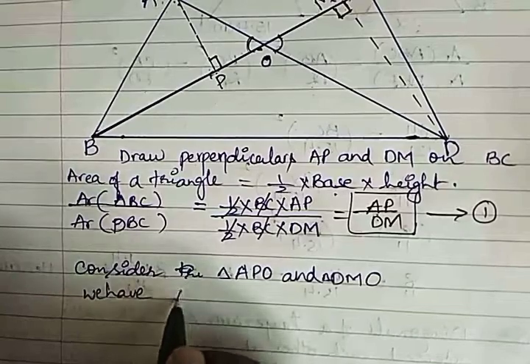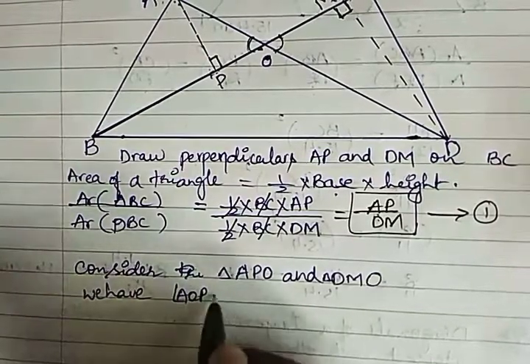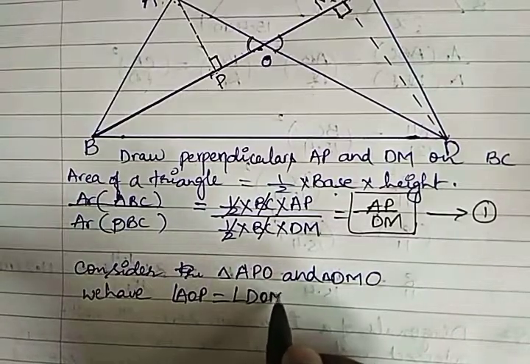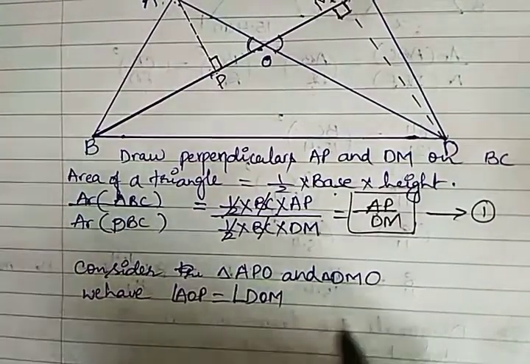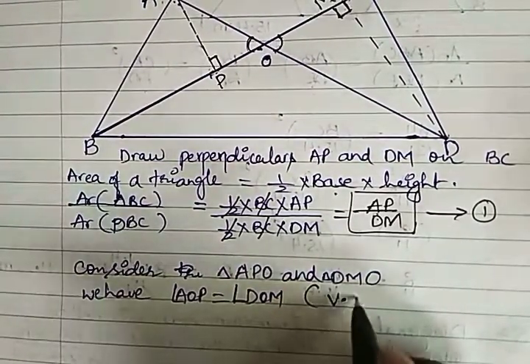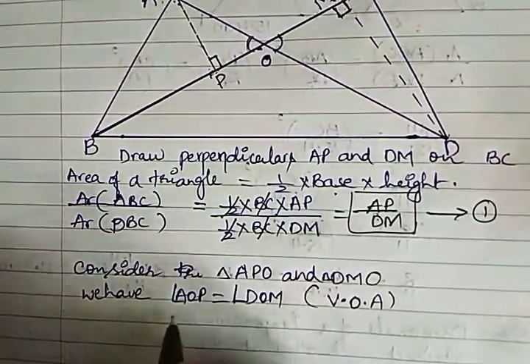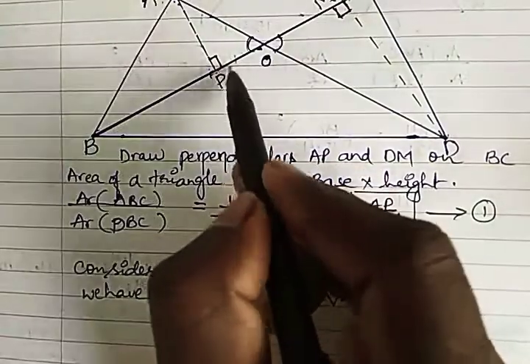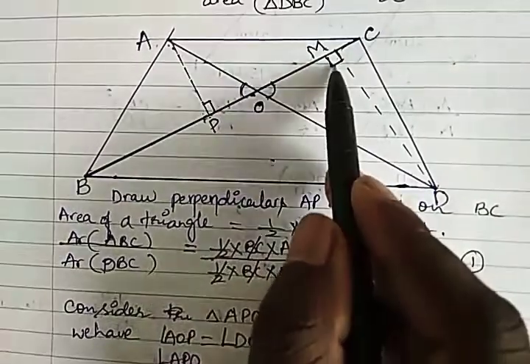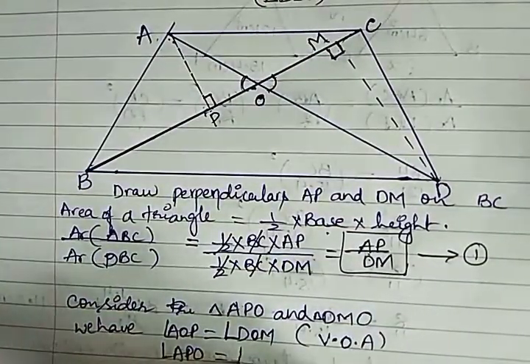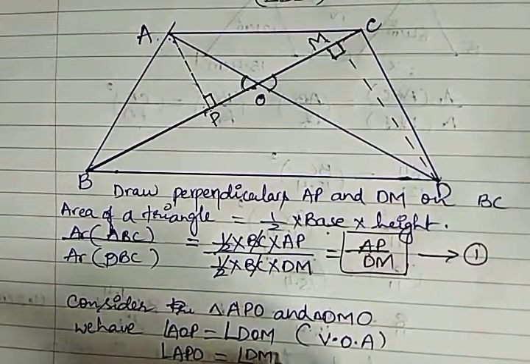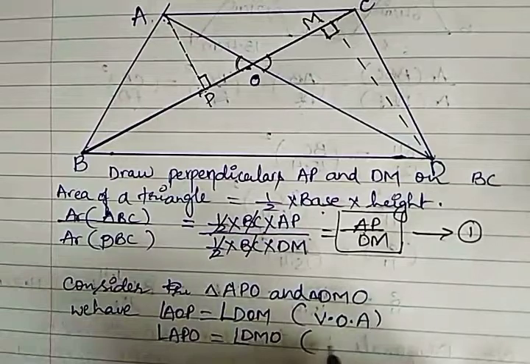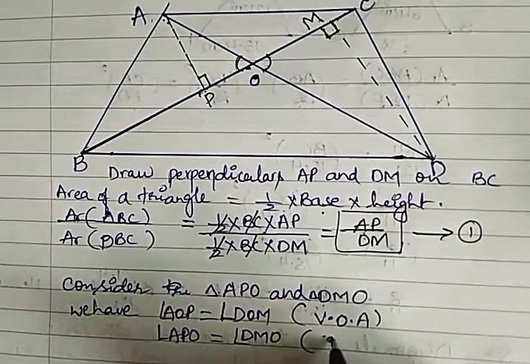Angle AOP is equal to angle DOM. So these are vertically opposite angles. Then we have angle APO and angle DMO. What are these two angles? 90 degrees each.